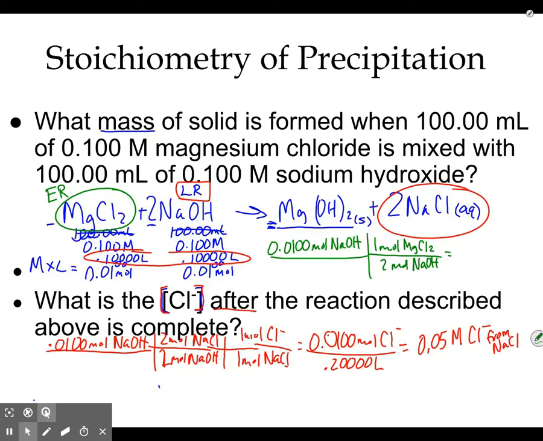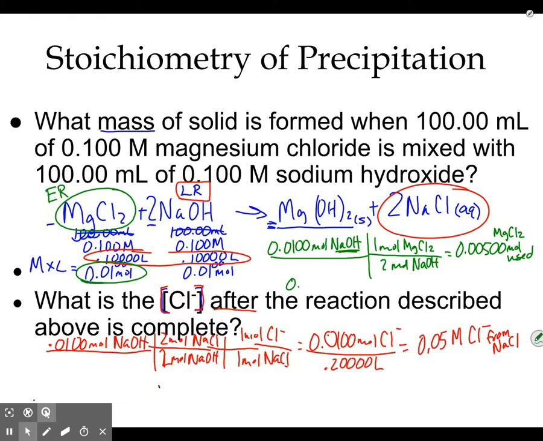And so that's going to be 0.005 moles of MgCl2 used. That's not how much is left over. That's how much it's going to take to react with this much sodium hydroxide. So now I have to figure out how much remains. At the beginning, for my magnesium chloride, I had 0.01 moles.